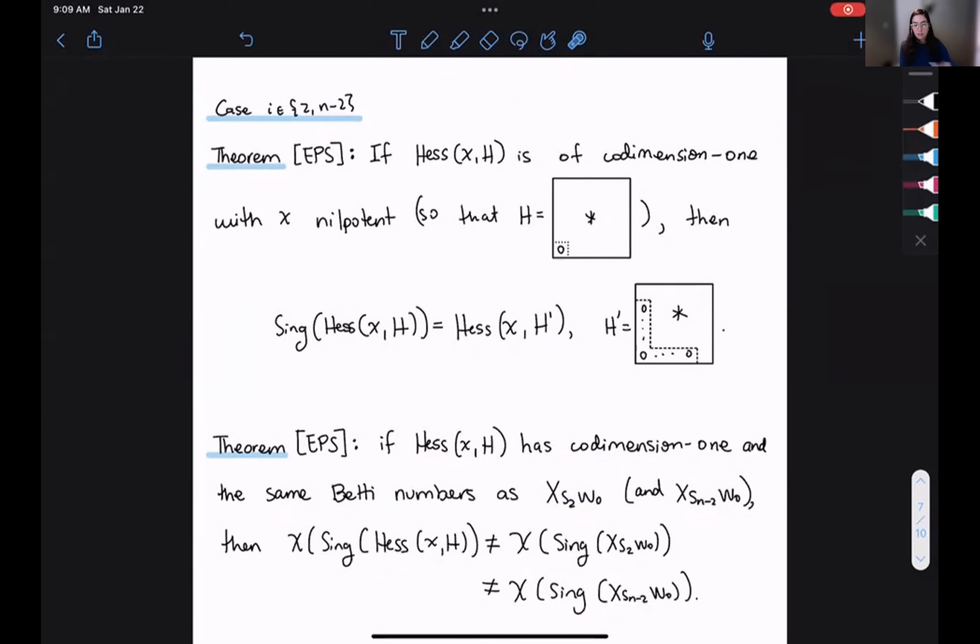So there are Hessenberg varieties that have the same Betti numbers as this Schubert variety. That's why our previous strategy, where we got rid of lots of examples using Betti numbers, didn't work out for this family of Schubert varieties. But then, they have the same Betti numbers, but when we look at the singular locus, their Euler characteristics are not going to be the same.